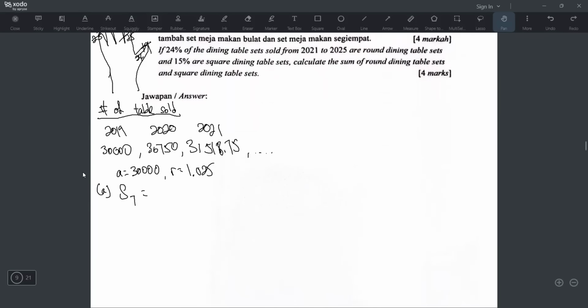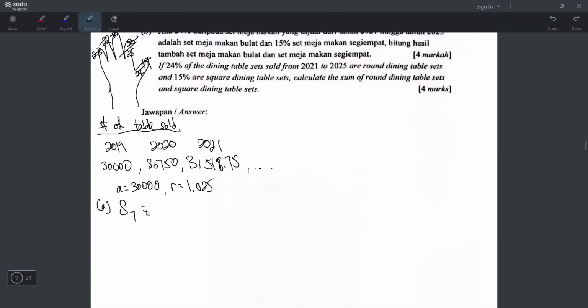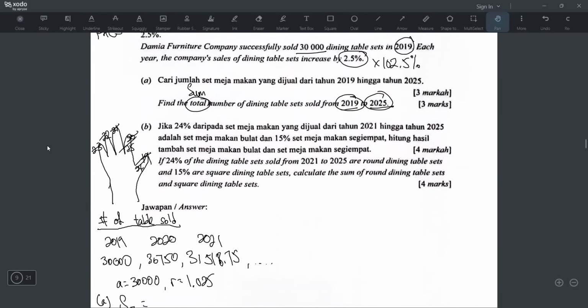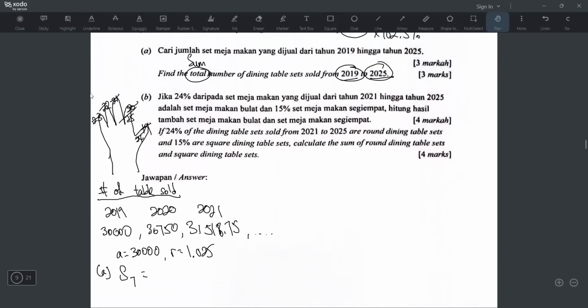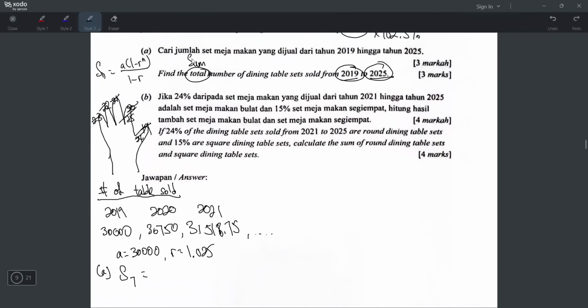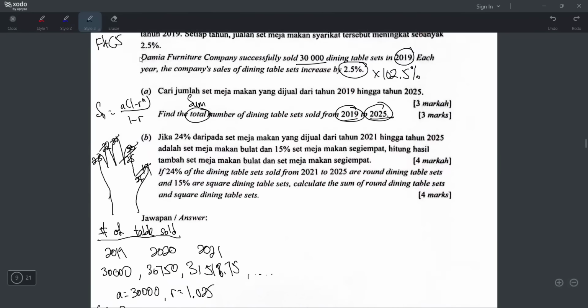Okay. So now I'm gonna use the SN formula. Do you know what's the SN formula for geometric progression? So the formula looks like this: Sn equals a bracket 1 minus r power n over 1 minus r, or it can also be Sn equals a bracket r power n minus 1 over r minus 1.